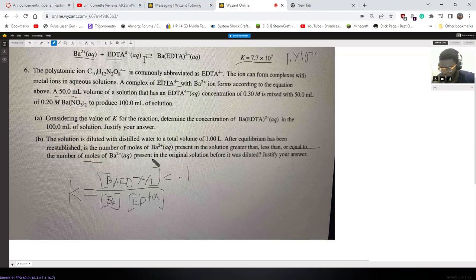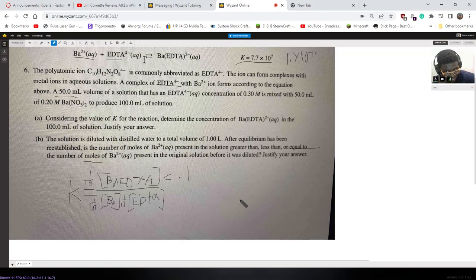And why is that? Well, the ratio changes the same amount for everybody, so it's going to be the same concentration ratio.